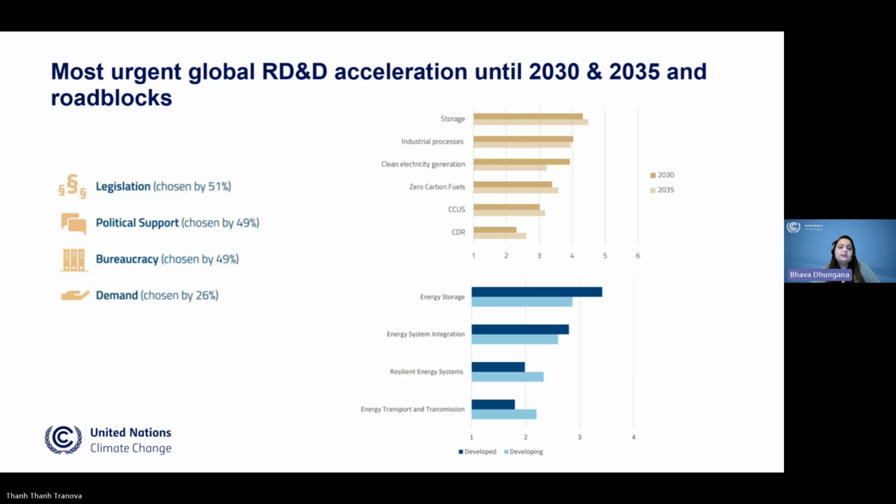Just focusing on some of the results, we asked what some of the roadblocks and priority areas were that countries saw. Here you can see that energy storage, industrial processes, clean electricity generation, zero carbon fuels, carbon capture utilization and storage, CCUS, and carbon dioxide removal, CDR, were some of the needs that were given.